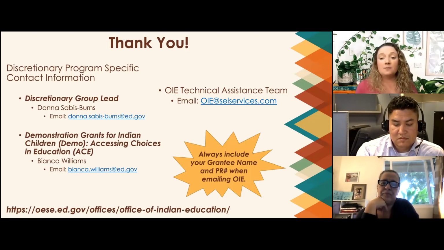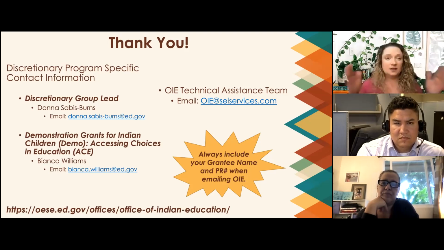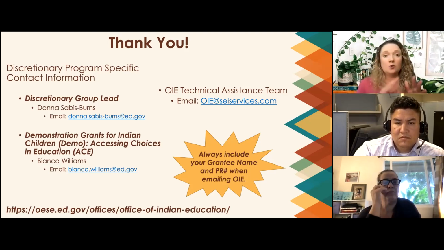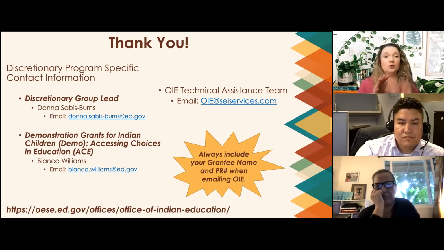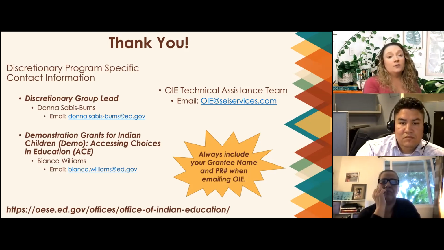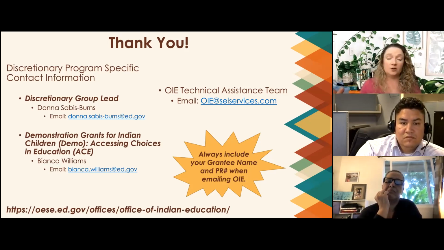So that might be the Yukon-Koyukuk School District. That might be Navajo Nation. That could be any type of entity that was actually awarded the grant. So not necessarily who you work for, but whatever organization was actually awarded the grant.